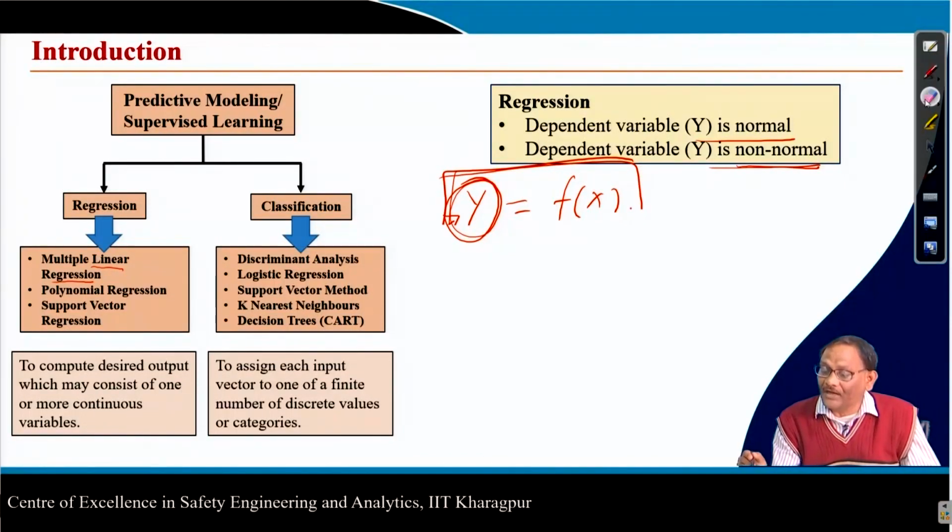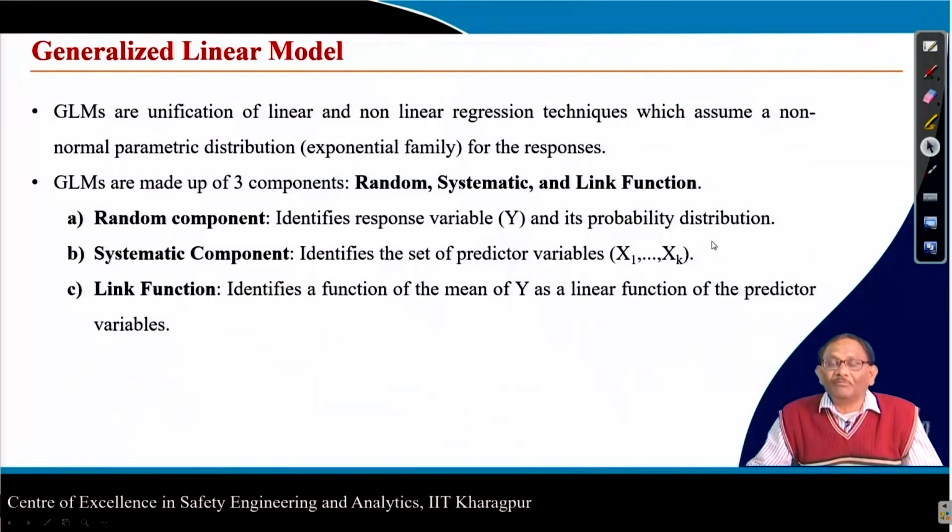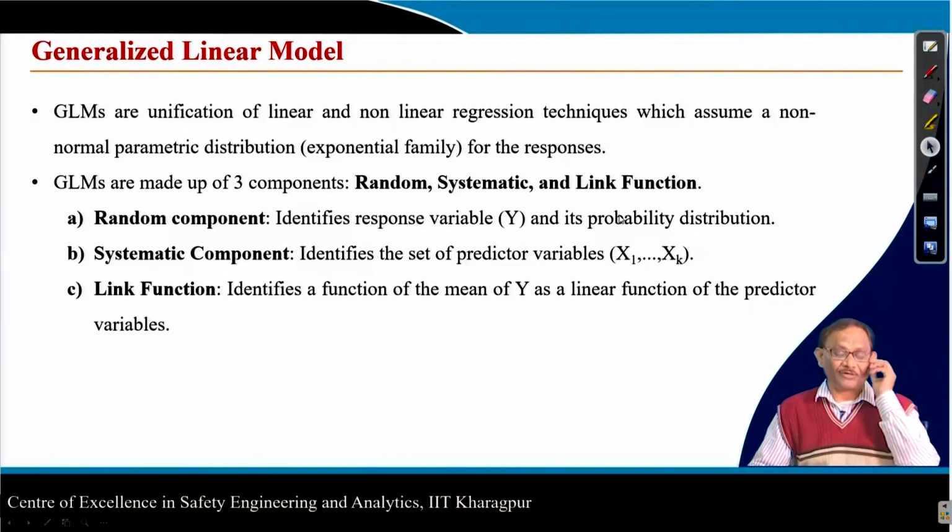Now, what is the way out of this? The solution is to find a model which will take care of both normal and non-normal dependent variables. That is known as the generalized linear model.